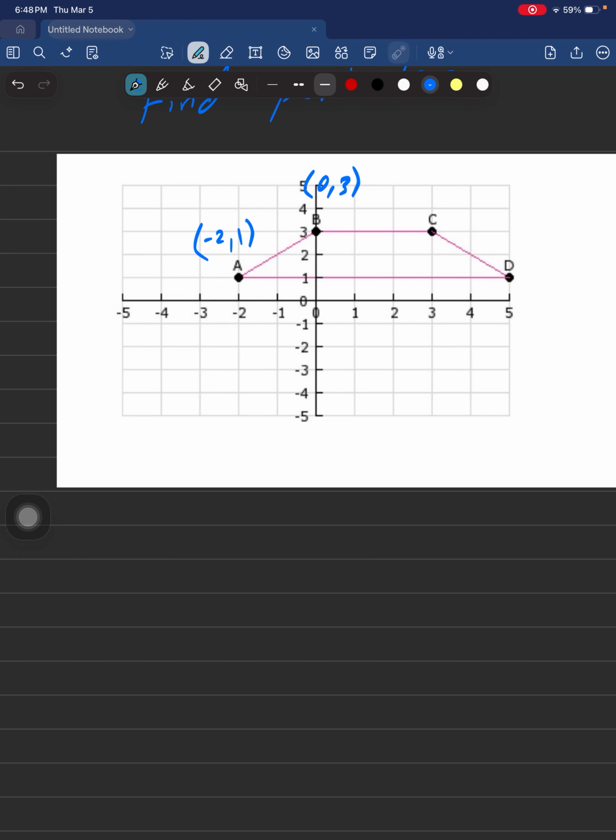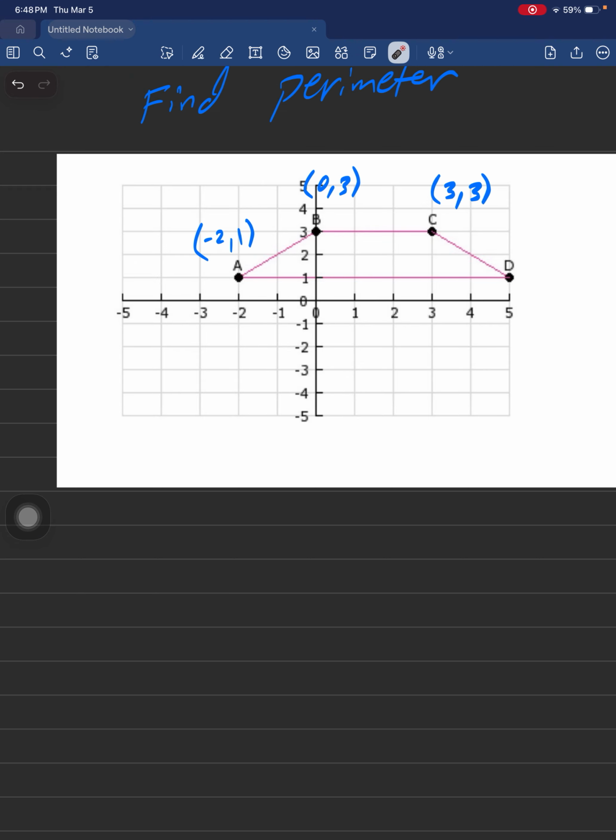For the point C, we start from 0 and then run 1, 2, 3. So we run 3 and we rise 1, 2, 3. So the point will be like this: run 3 and rise 3.